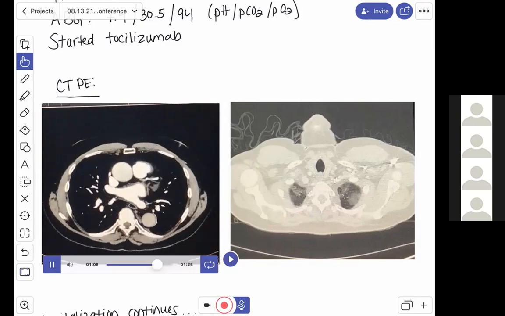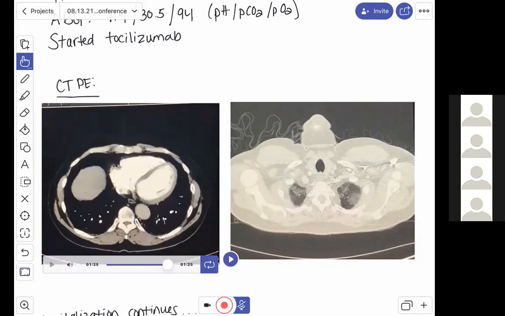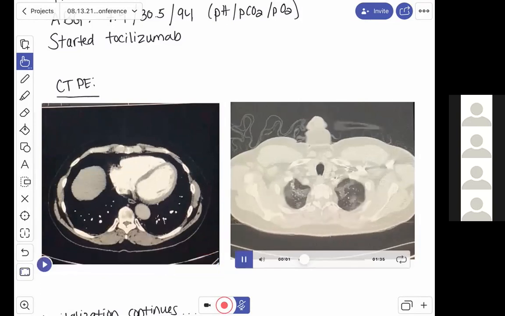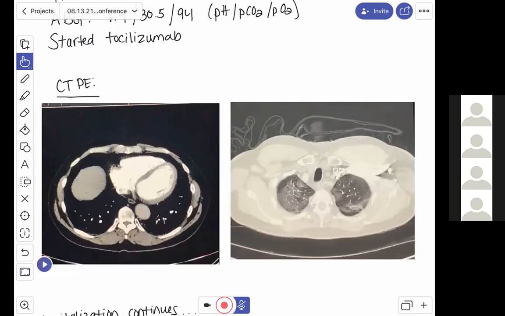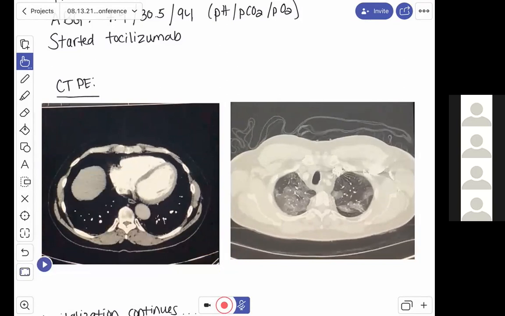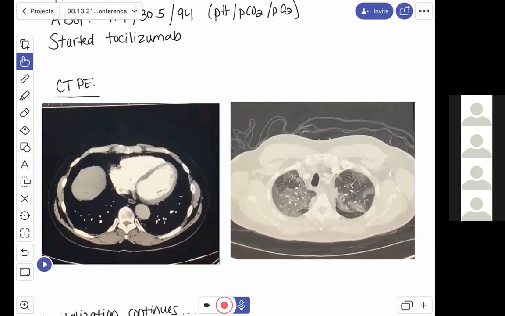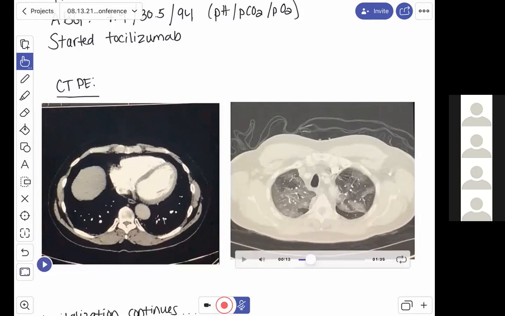Okay. The slowest recording. I'm going to speed it up at the end here. All right. And then I'll show you his lung windows. And I'm just going to manually speed this one up too.